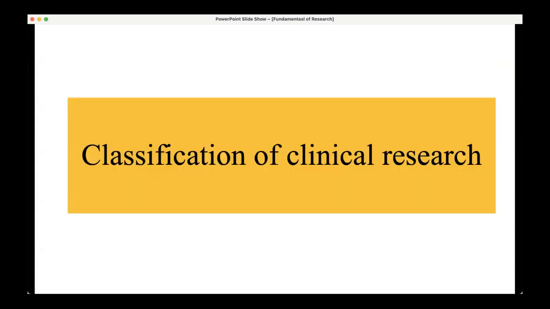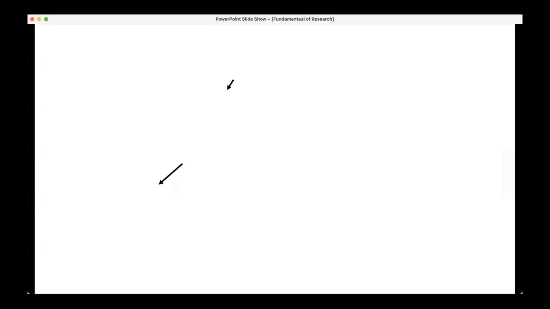How we can do the research. There are so many types of research. There are so many types of classification of research present in the literature, present in Google. So I will try to make them easy to understand for all of you.